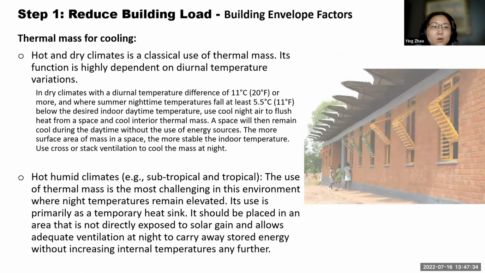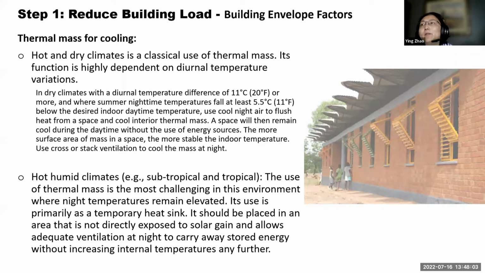Thermal mass for cooling is very effective for hot and dry climates, which is a classical use of thermal mass. Because hot and dry climates often have a high diurnal temperature variation, that makes it effective.